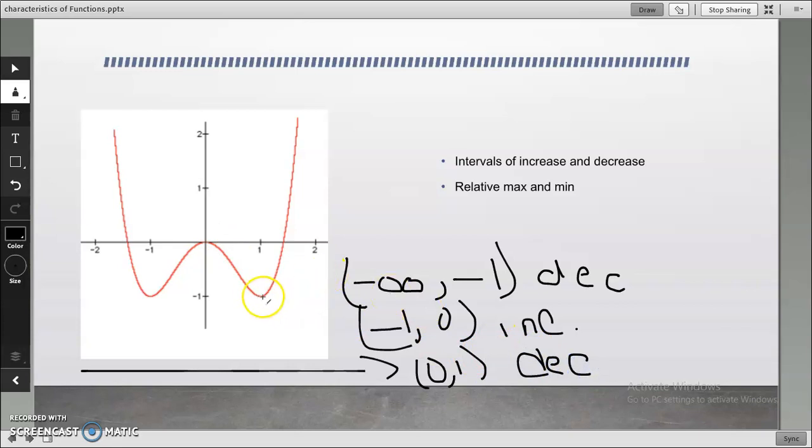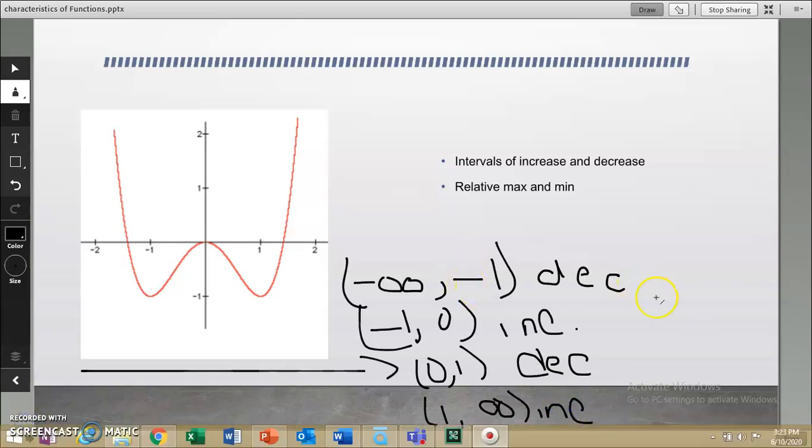And then again from 1 to infinity, and this is my infinity sign, by the way, I am again increasing.